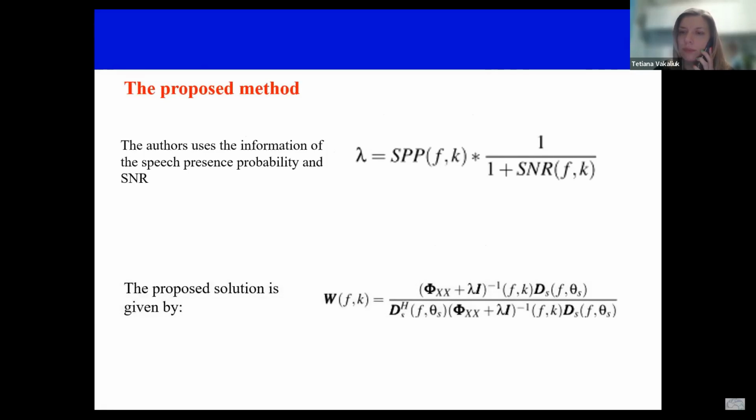And next, the author used the information of the speech presence probability and the signal-to-noise ratio, SNR, and the proposed solution is given by.